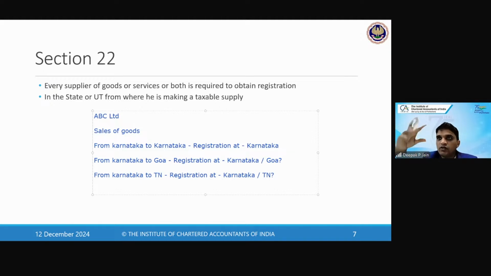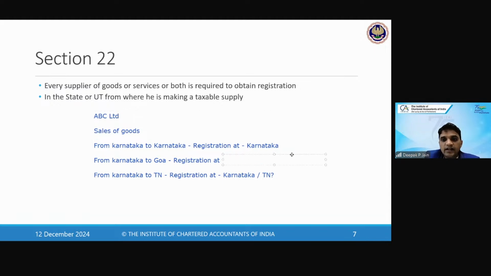People who are saying you have to take registration in Karnataka and Goa are saying that wherever I supply from Karnataka to Goa, that is the destination state, and wherever I am transferring the goods, in that state I have to register. That is practically not possible, and the government also does not want you to do something like that.